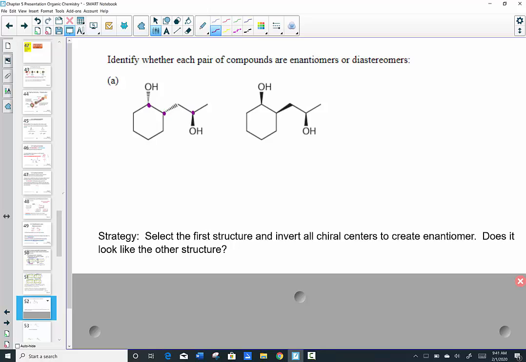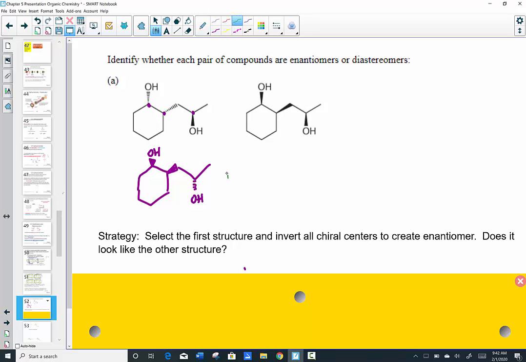They would be diastereomers. So I'm going to draw this particular structure and invert the first chiral center to be the wedge of OH. This would also become a wedge leading to the methyl back down, and then of course this becomes a dash to the OH.